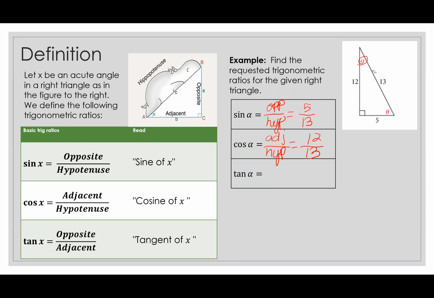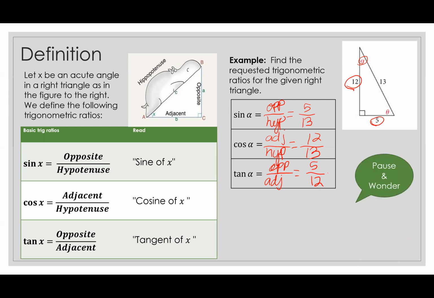And then tangent of alpha is opposite over adjacent. In this case, it would be 5 over 12, which is almost a half, because 6 out of 12 is a half, right? Okay, so that's what the definitions are of those three trig ratios.